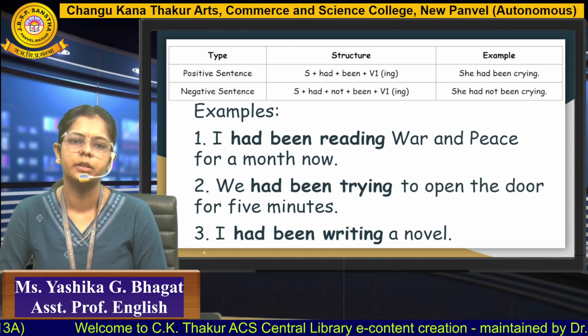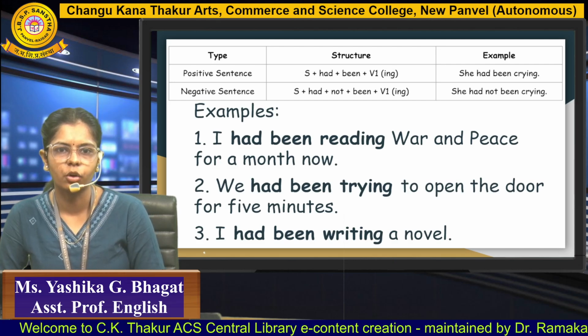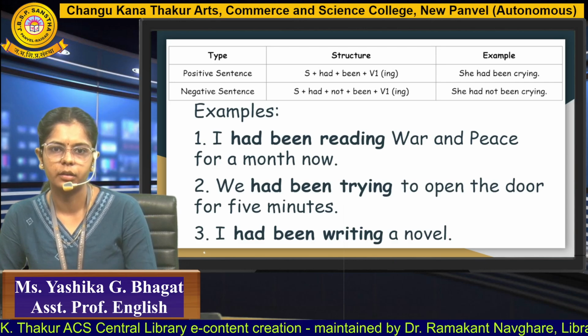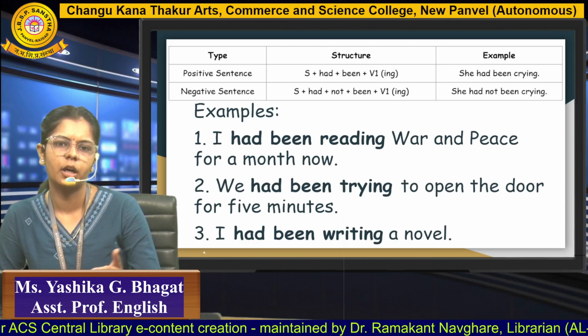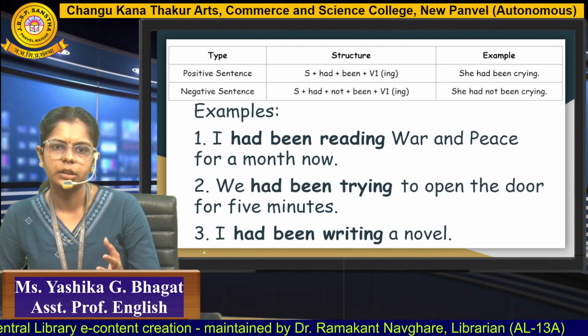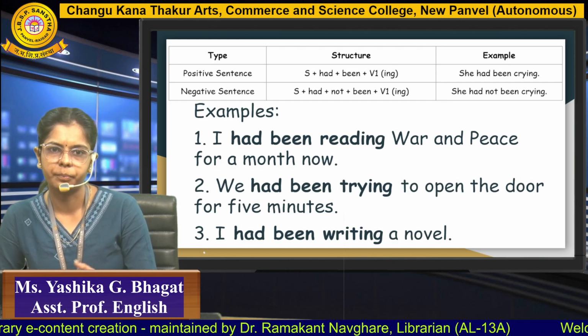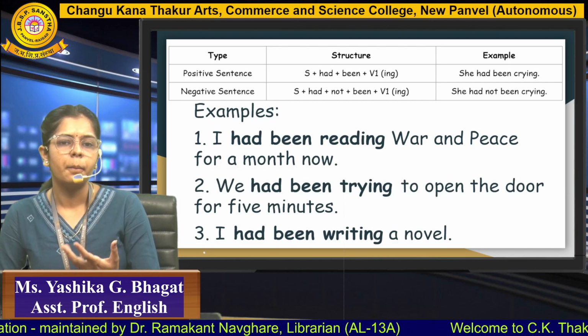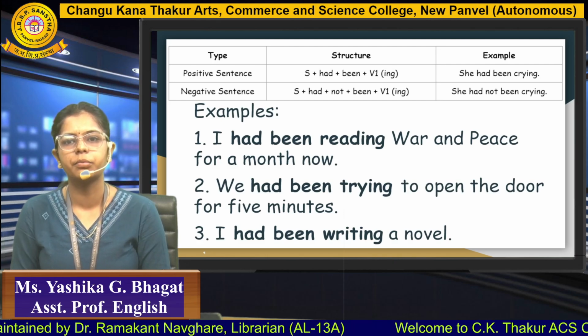And the last example here is I had been writing a novel. Main action, the action verb here is the writing. Writing has started a particular time ago in the past. In the third sentence, you can see there is no time frame. In the first sentence, it is a month now. In the second sentence, it is 5 minutes ago. But in the third sentence, you cannot see any kind of time frame.